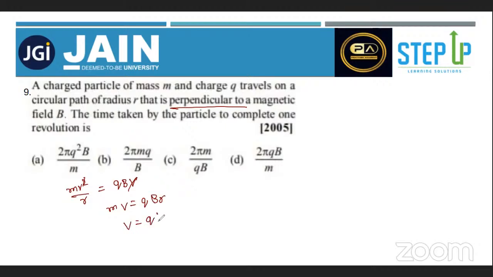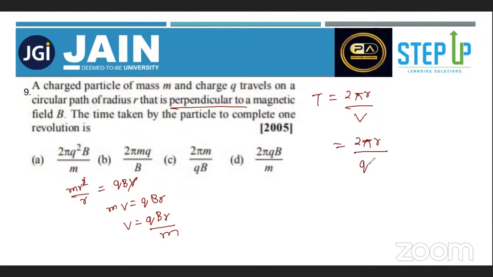Because they're asking me time period, I know that time period for a circular motion will be distance upon velocity. So distance is 2 pi r upon v.